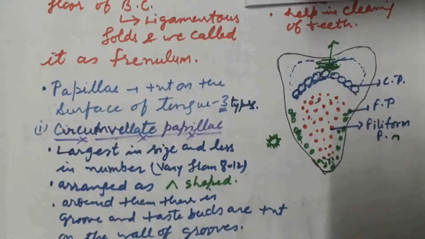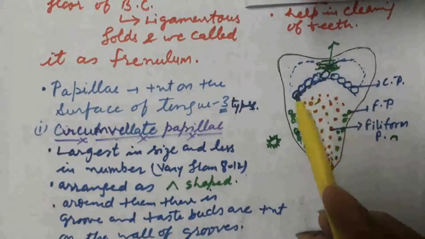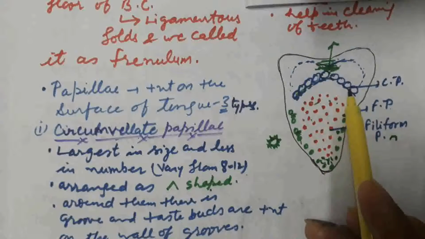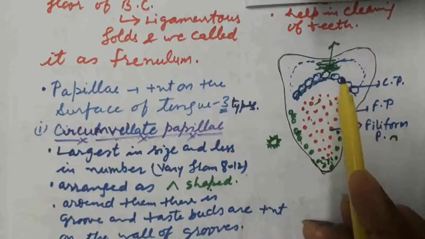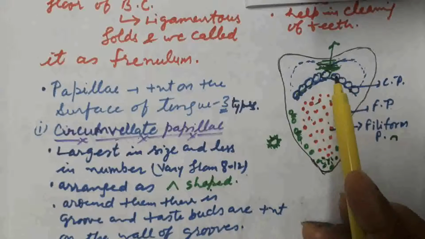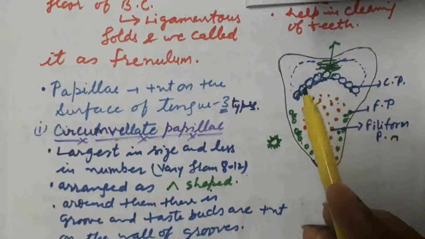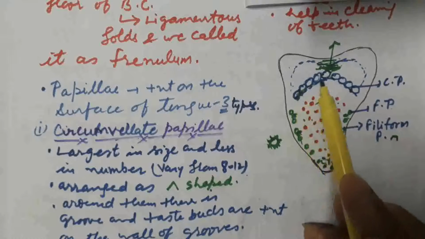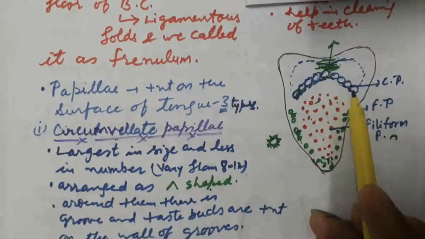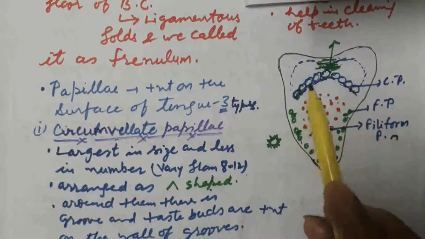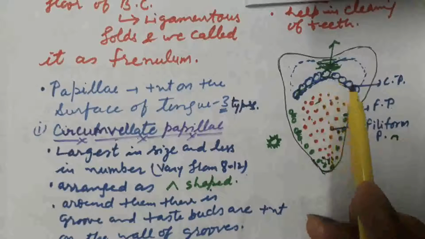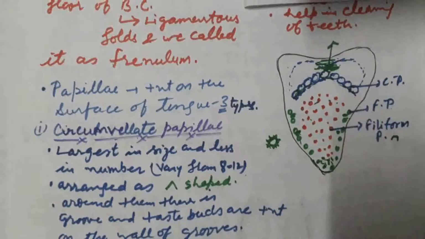They are arranged in a V-shaped manner at the posterior end of the tongue.